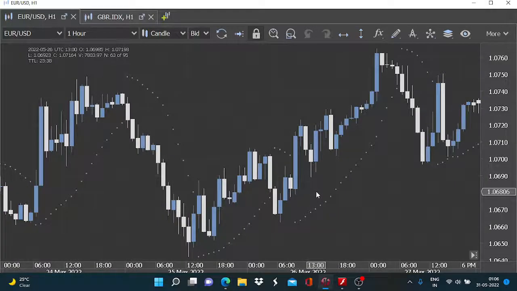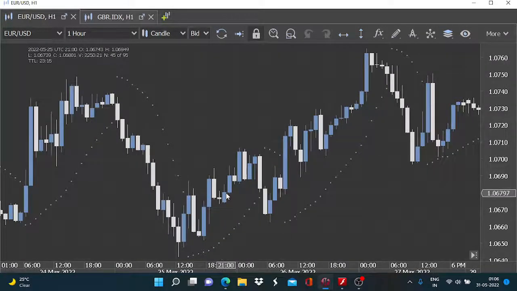Then we look for the third condition, which is that the last hourly candle close should be above the closing value of the hourly candle which had closed 12 hours back. So suppose if the time is 9 GMT, then we will have to consider the candle which had closed at 21 GMT.